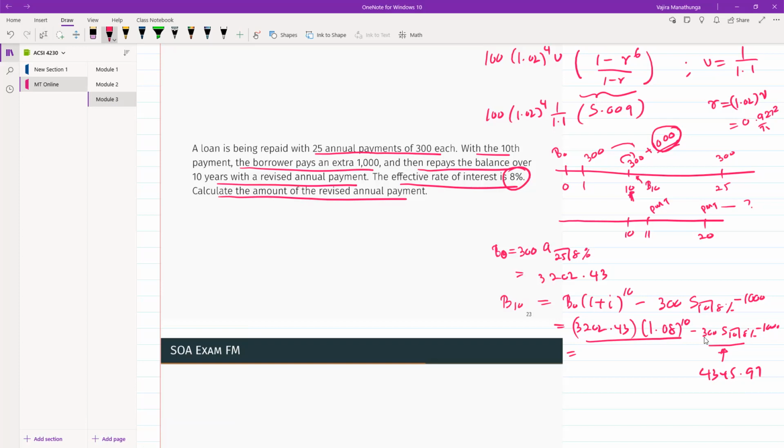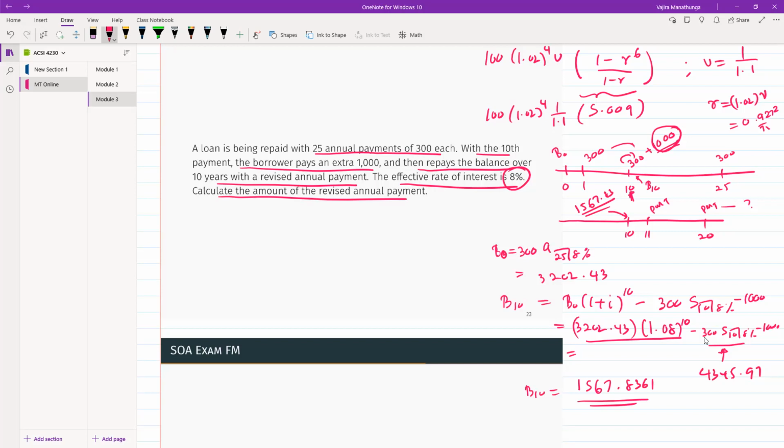And the remaining balance at time 10 now, after the extra $1,000 is 1,567.8361. So now, so we know that here the balance is now 1,567.83. And we want to pay it using 10 payments.